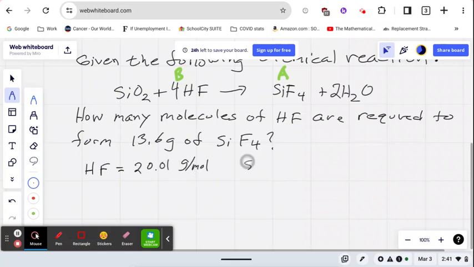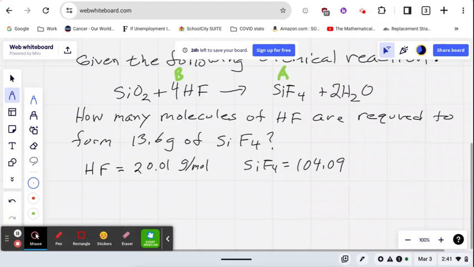Right? And SiF4 is going to have a molar mass of, see, Si is 28.09 on the periodic table, plus every fluorine is 19, so there's 4 of them. 4 times 19, it's going to give me 104.09. Oh, wait. I'm not going to need both of those. I'm just going to need the SiF4 one, right? Because I'm going to molecules with HF.